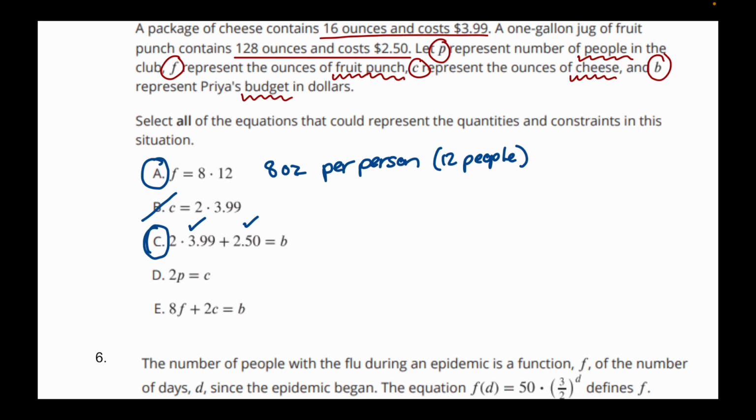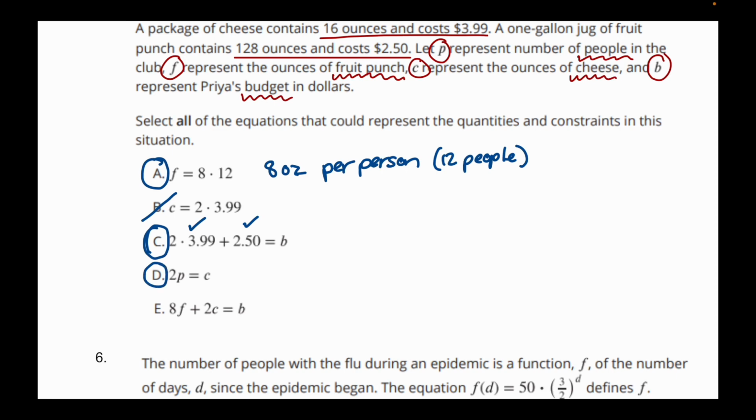Option D says that 2P is equal to C. So we are going to have 2 ounces of cheese for every person, and that is going to equal the amount of ounces of cheese, which is going to be correct. So this one is also correct.